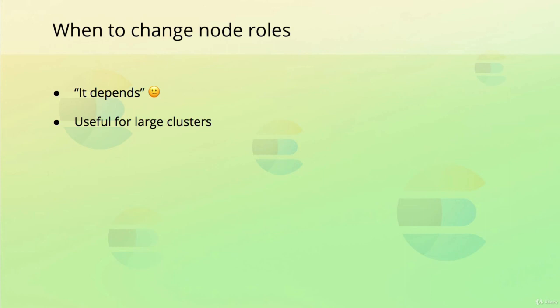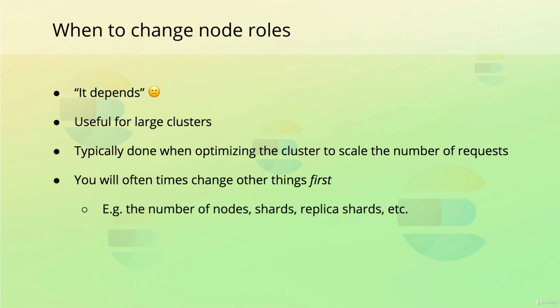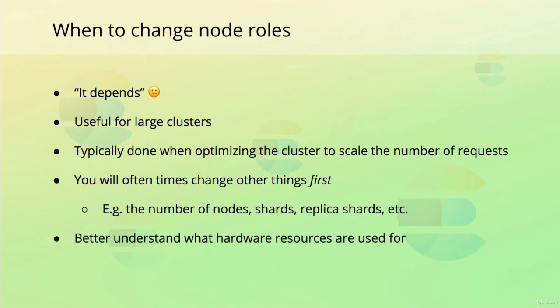Besides the size of the cluster, you will typically also want to do this when you need to scale the throughput of the cluster, i.e. when hardware usage is high. You will commonly want to tweak the number of shards and nodes first, however. Another reason for changing roles for a large cluster is just that it makes it easier to understand how the hardware resources are being used and optimize your cluster based on that.